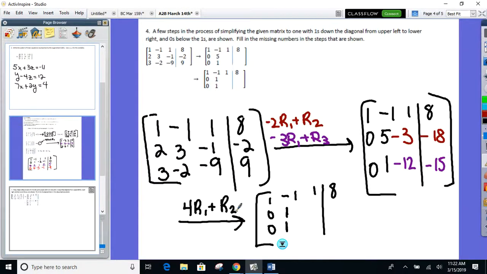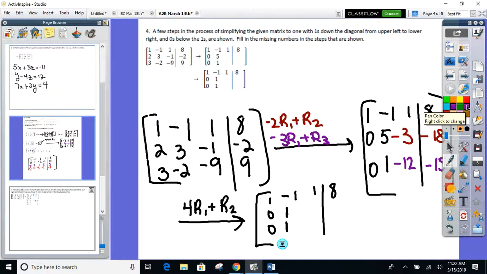And then let's fill in the rest of the matrix now. Is that 4?